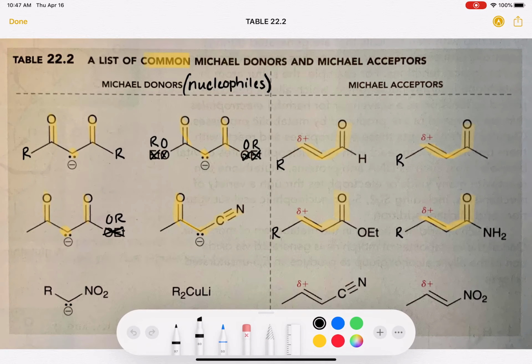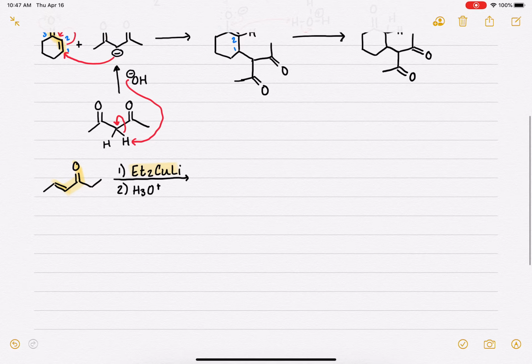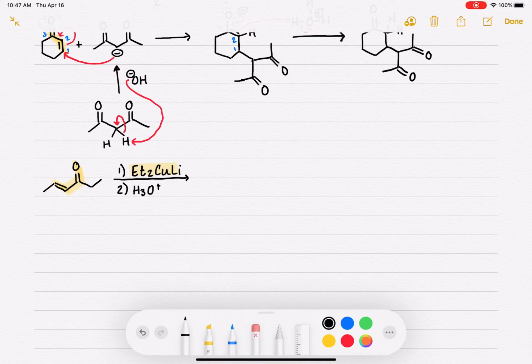Michael nucleophile. It's the only one that doesn't really follow the standard pattern of the nucleophiles having adjacent side-by-side double bonds or triple bonds. It is going to add the R group, in this case ethyl, that's going to be the nucleophile that gets added in this reaction.